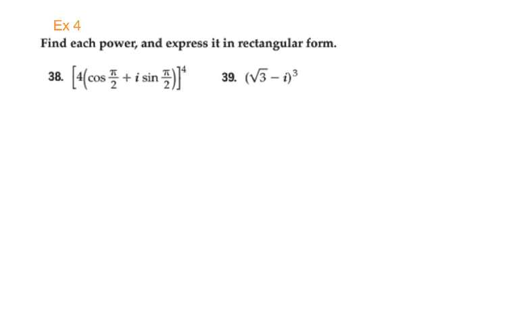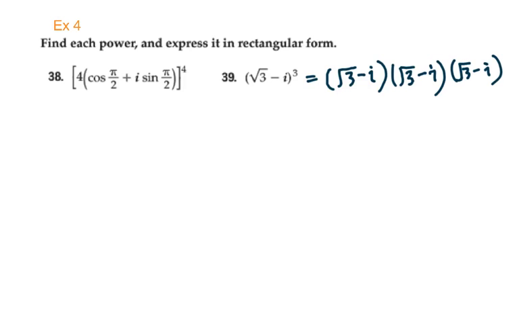So the final answer will be 256. For 39, if you want to do square root of 3 minus i to the 3rd power, you have to do the FOIL, like square root of 3 minus i times square root of 3 minus i times square root of 3 minus i. Then you have to do the FOIL. That's a lot of work. So first of all, we need to change this into polar form.